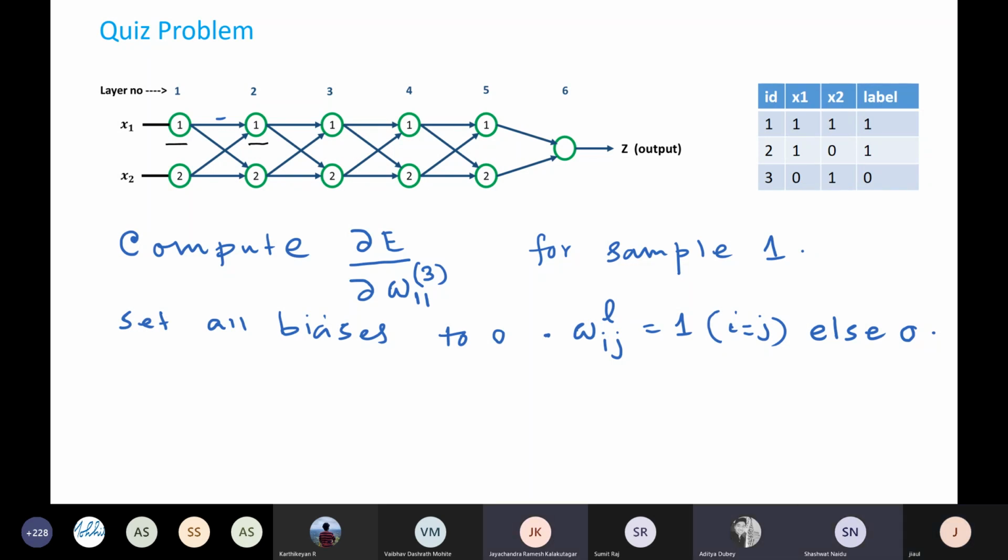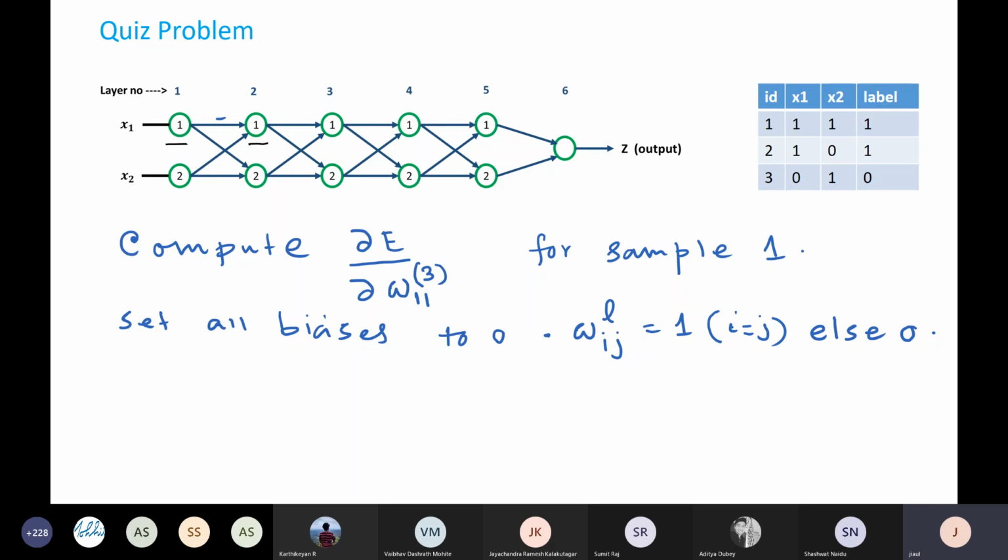Sir, I think it will be 1 because W511 will be 1, but W521 would be 0. Right, because it will be 1, yes, that's correct.